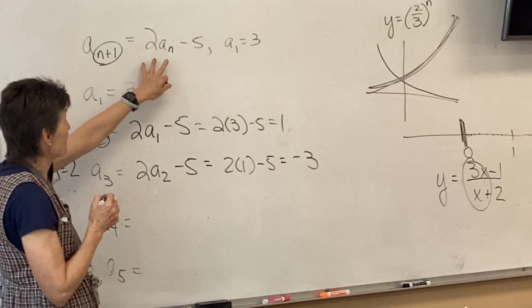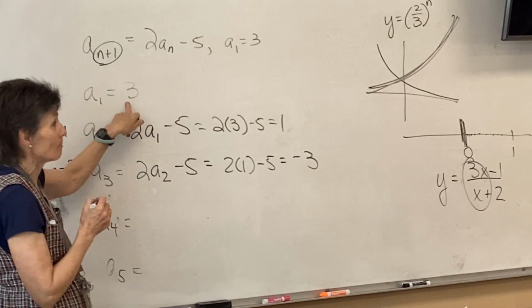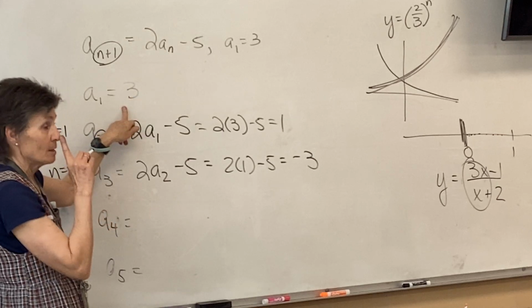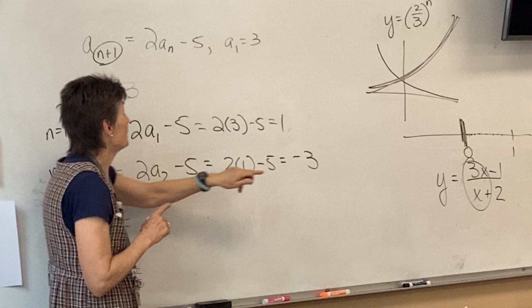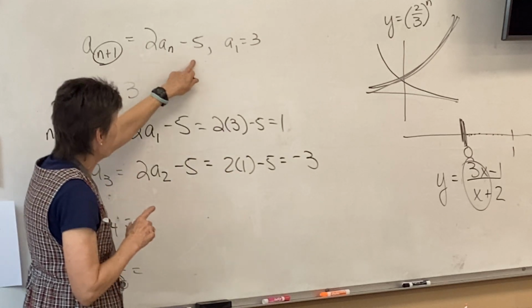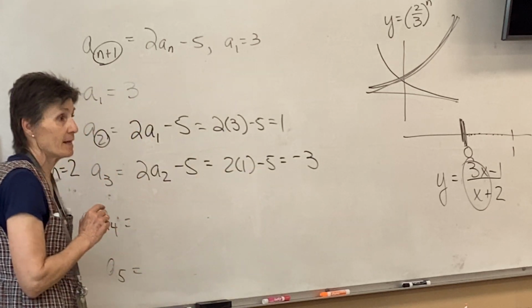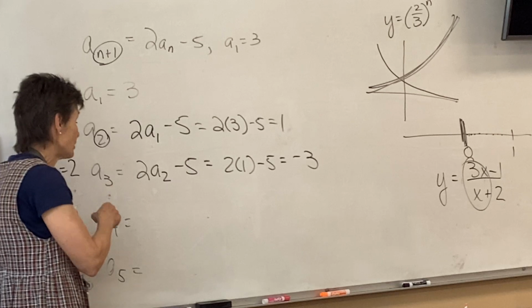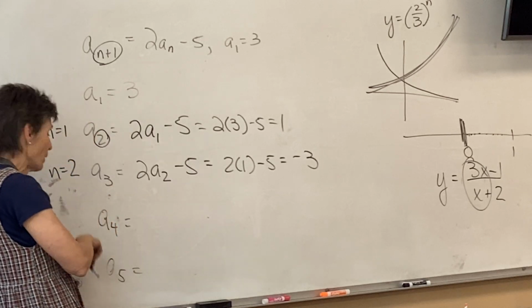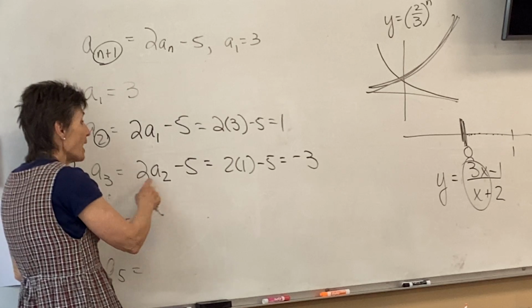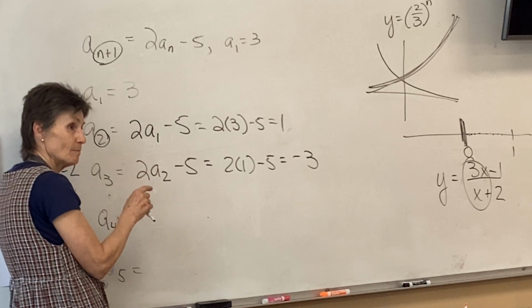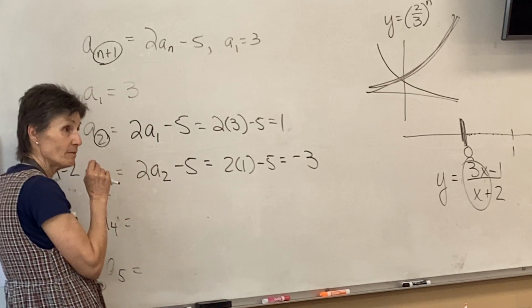So this tells me take 2 times your term and subtract 5. So 2 times 3 minus 5 is 1. 2 times 1 minus 5 is negative 3. So what am I going to do for the next one? You can keep going with all your plugging in, but what do you do? You take 2 times the previous term and subtract 5.